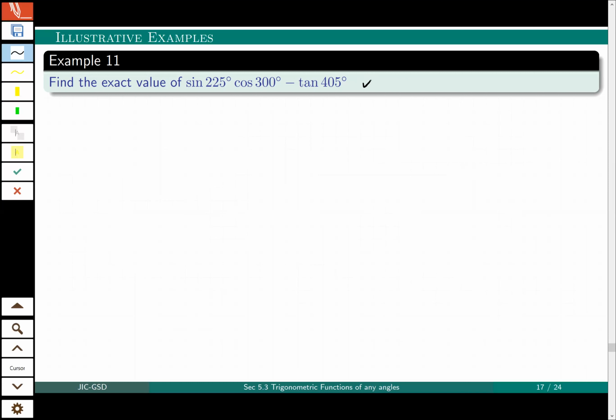So the first question, or the first angle, it says here 225, and you should know that's more than 180, less than 270. So that is in quadrant number 3, 225.